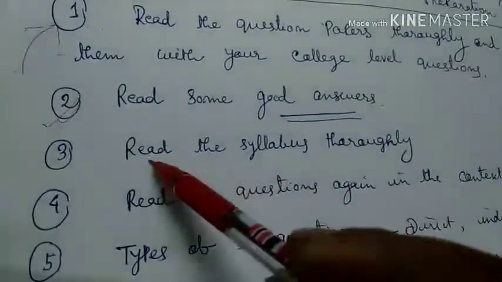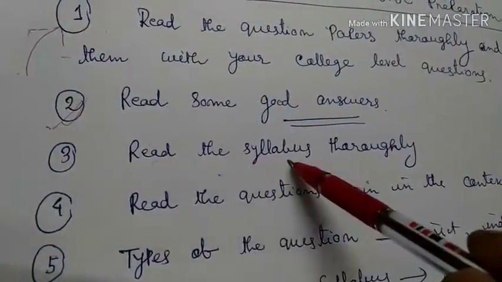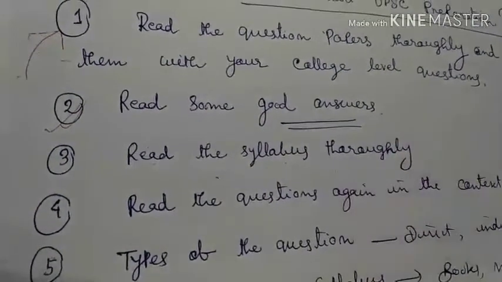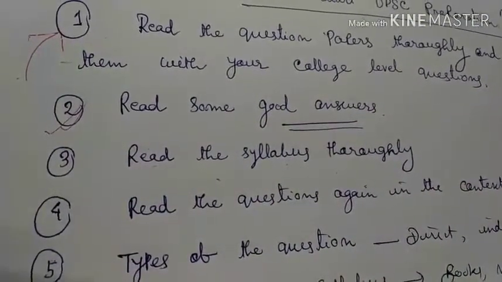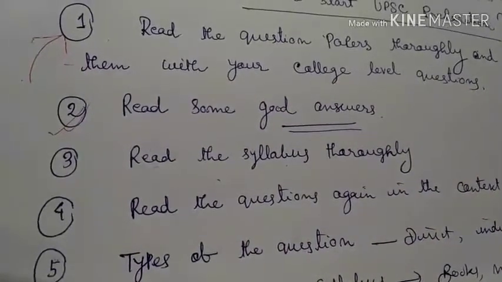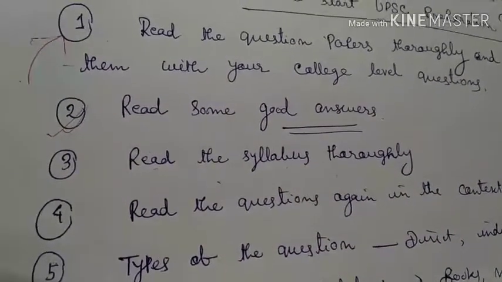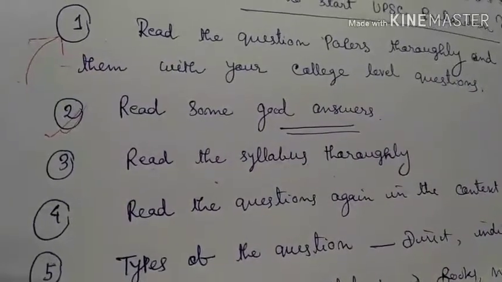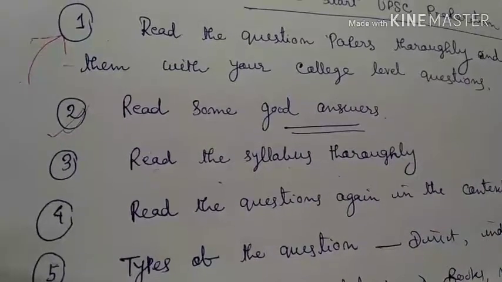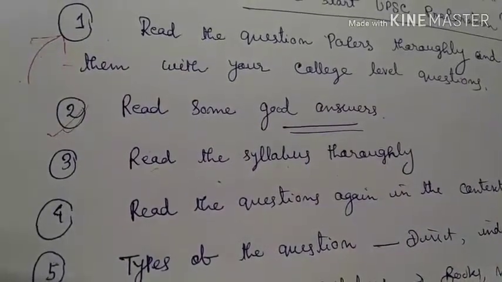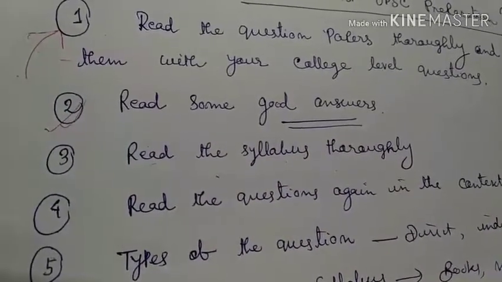Now, what is the third rule? Read the syllabus thoroughly. First, you get an idea of how to write, what type of questions are asked, what the difficulty level of attempting those questions is, and the way of writing answers. Then you have to go through the syllabus thoroughly.